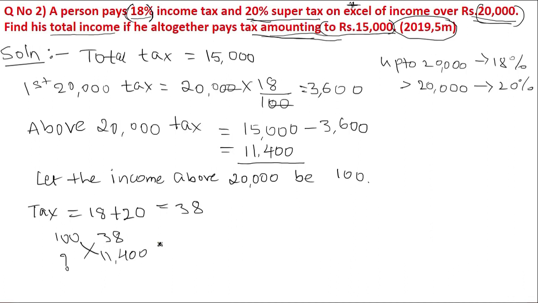Cross multiplication. So what you have to do? 11,400 into 100 upon 38. So you can do the calculation. You will get the amount. Okay, so please do the calculation. You will get somewhere around 30,000.